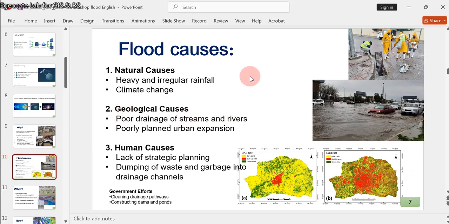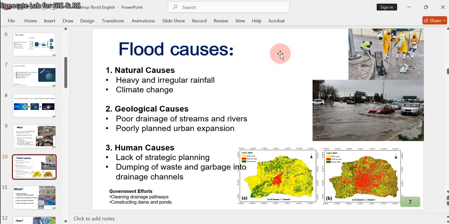And there are some flood causes. Actually, the causes of floods differ from one place to another because of the natural characteristics, geographic characteristics, environmental characteristics, and design of the city. All these have an impact on the flood causes, but generally there are three main causes.